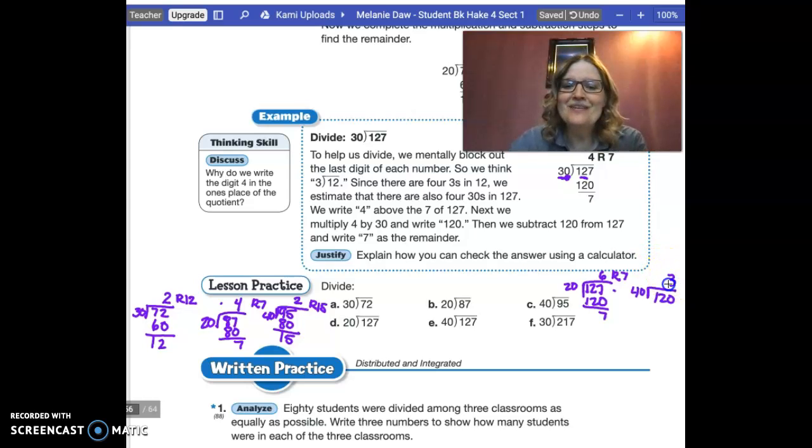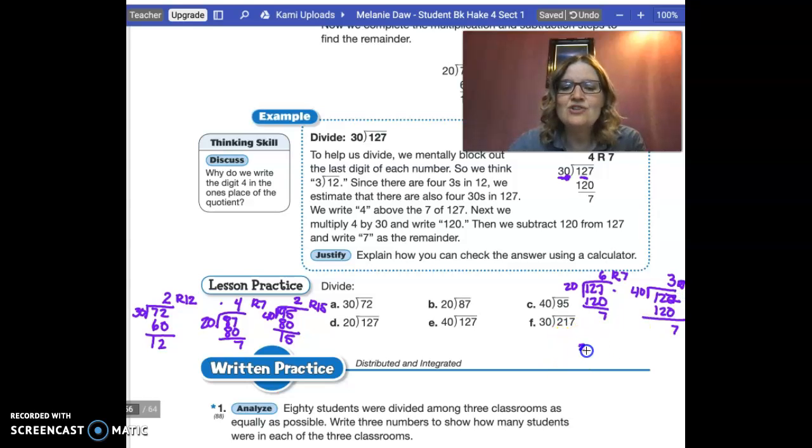Put it with a 3 over here. 3 times 40 is 120. Oh, guys, I'm just looking at 127. Whoops, let's fix this. I wrote it incorrectly. I got so excited. So 127 minus 120 gives us a remainder of 7. You can see that on the edge.